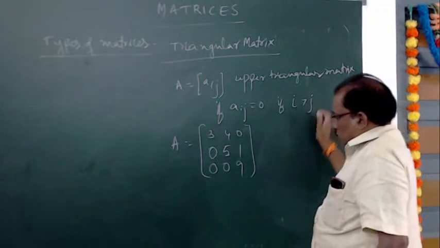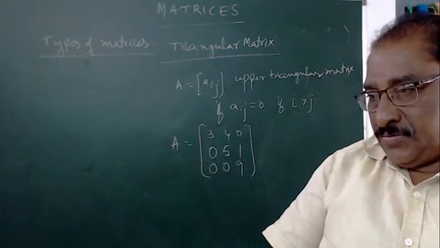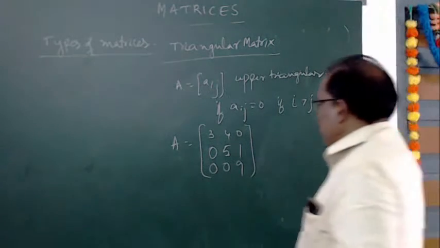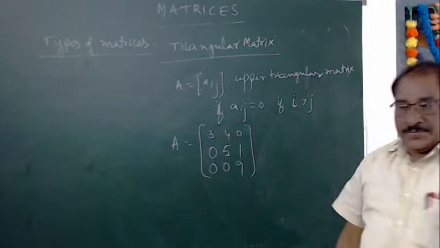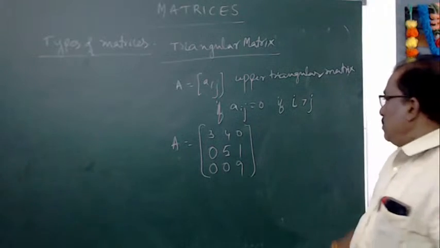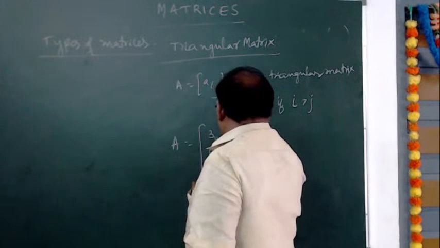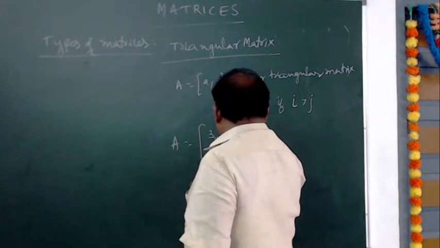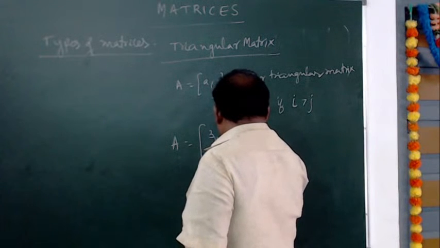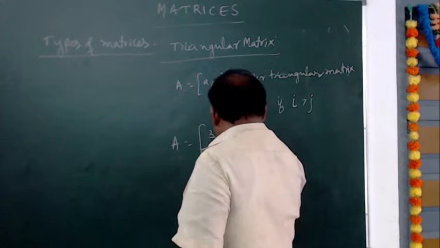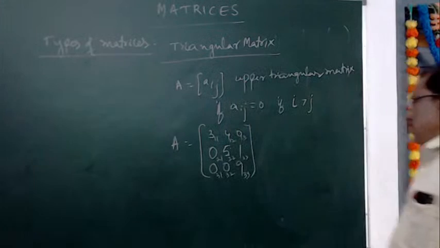I greater than J. Ij represents the position: I is the position of the row, and J is the position of the column. Say this is 1,1, this is 1,2, this is 1,3, this is 2,1, this is 2,2, this is 2,3, this is 3,1, this is 3,2, this is 3,3.